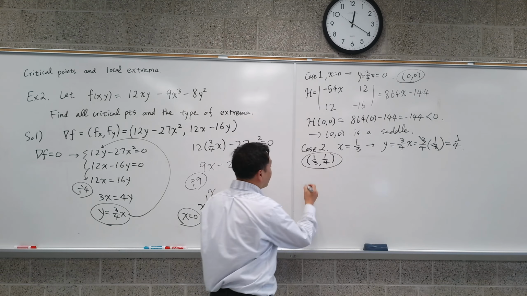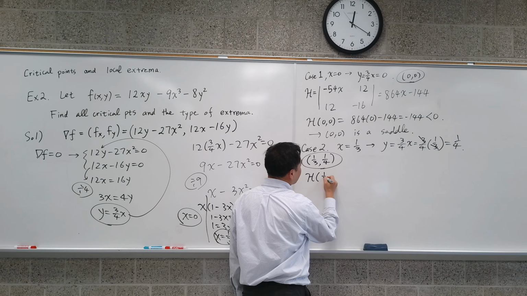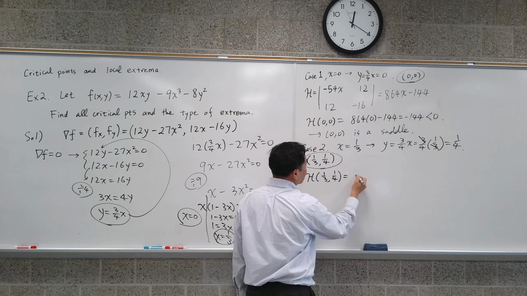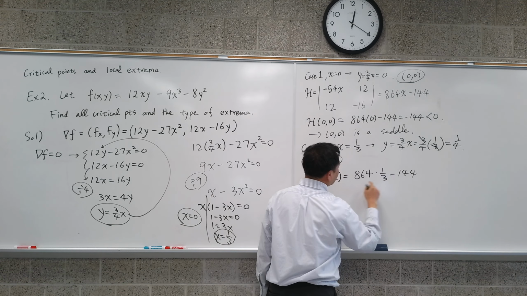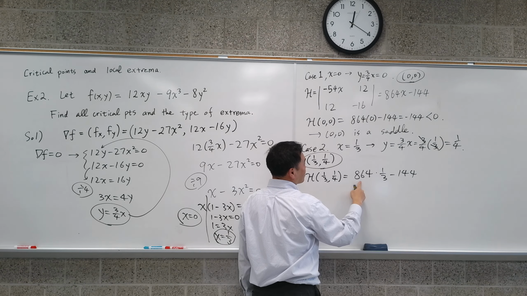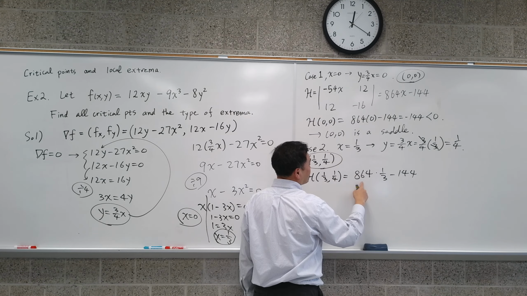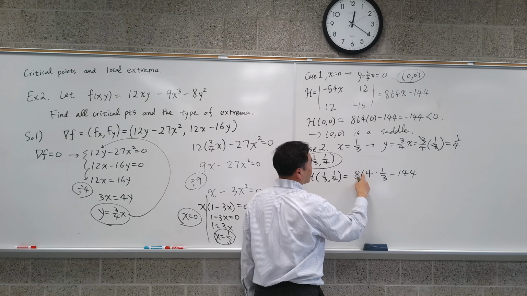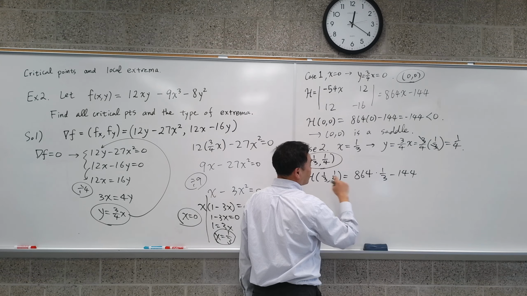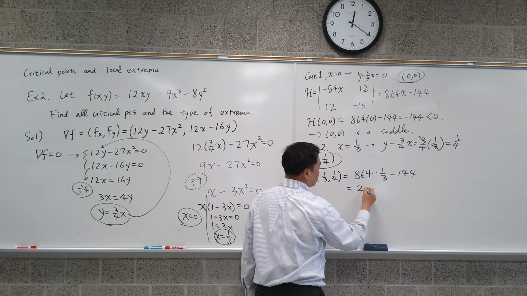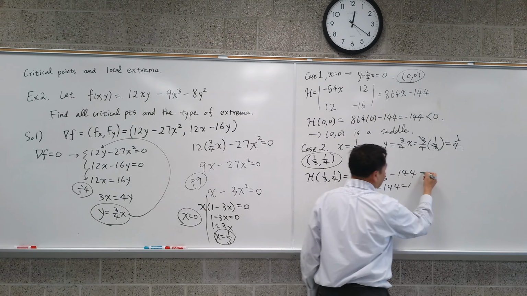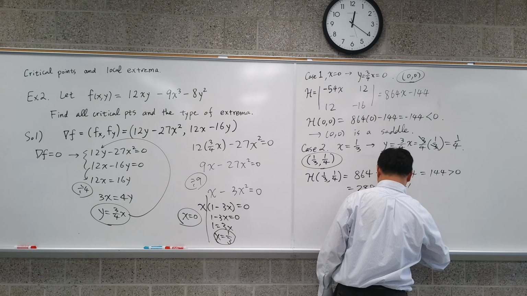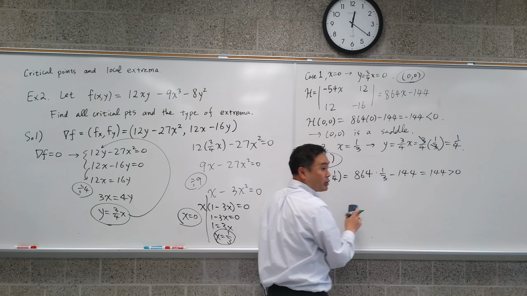And in that case, the Hessian at 1/3, 1/4 is going to be 864 times 1/3 minus 144. Let's see, what's that? That's 288 minus 144, which is 144. Okay, so this gives you 144, which is positive.